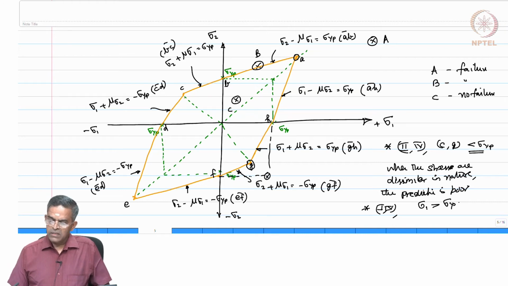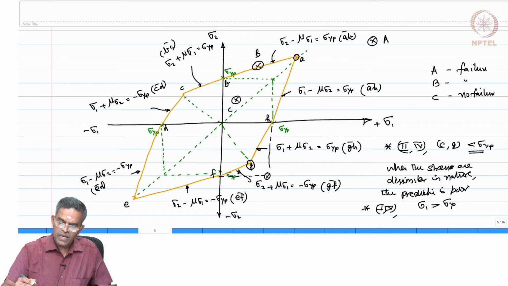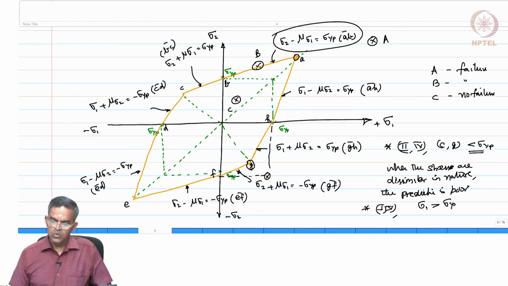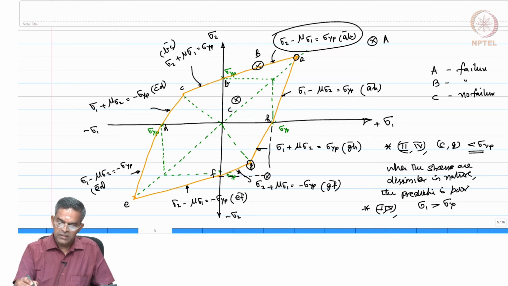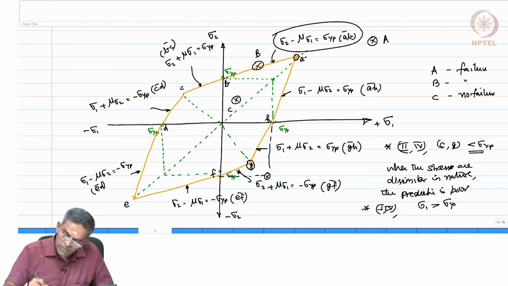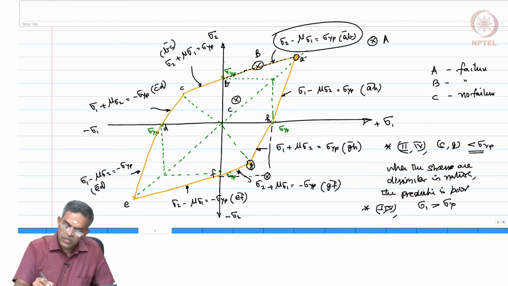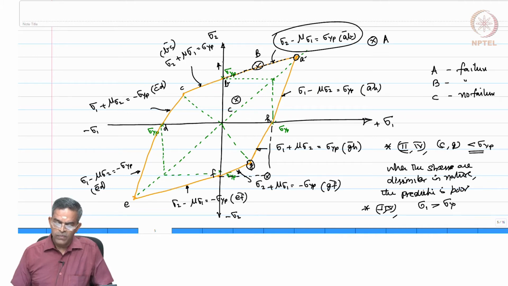I think it is very easy and convenient for all of you to really know how we generate these equations. For example, take this equation. This is the same equation as equation 2, whereas sigma 1 being positive, sigma 2 will exceed sigma yp, is it not? So, this line, for example, I am marking in black dotted, this line is the rate of growth of sigma 2.